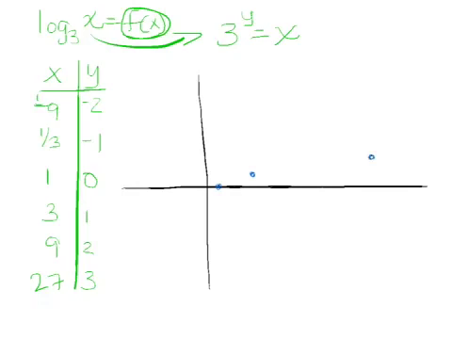Then we know it's going to get closer and closer, but it's really not going to cross the y-axis at all, because it'll get closer and closer to 0 without touching. So we're looking at something like that.